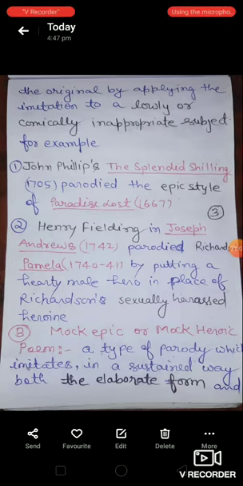He wrote Pamela, a novel about a girl named Pamela, with the subtitle Virtue Rewarded. She is virtuous by nature. How is that depicted in the novel?